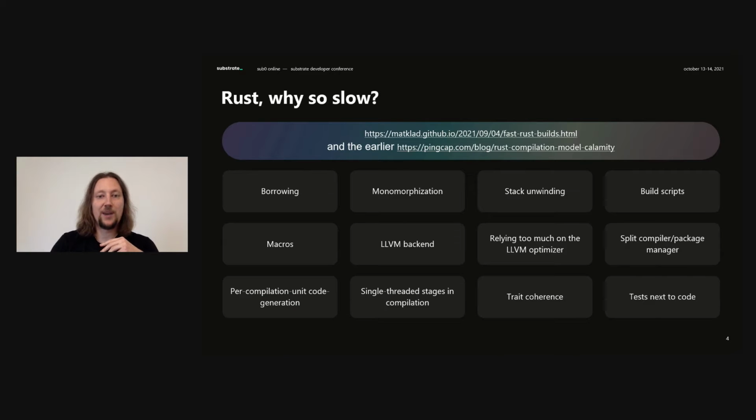There are fair reasons why Rust compilation is slow, because the Rust ecosystem chose correctness and amazing features of the compiler over speed of the builds. But you see that there are quite some reasons why Rust compilation is slow in general. And unfortunately, we cannot do a lot about features which are inherently slow. I will share the links to the slides after this conversation in the Discord room. Please join it if you don't yet.